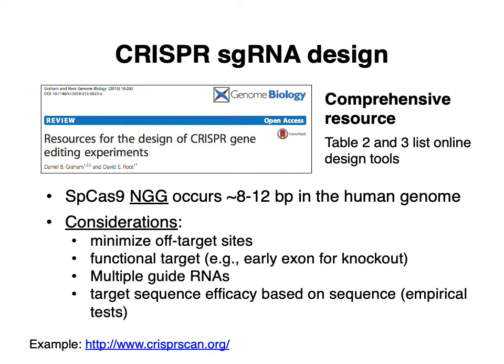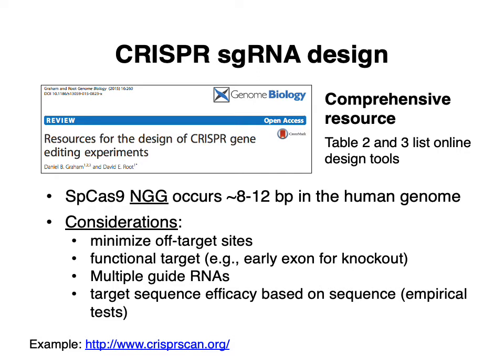Because if you target later exons, when the earlier exons get spliced together, you might actually have a partially functional gene or partially functional protein. So hitting earlier exons might work a little better for knocking out genes. You also have the potential to use multiple guide RNAs. In order to make sure that you properly knock out a gene, you might make multiple targeted mutations to the same coding sequence to make sure that you knock it out completely.